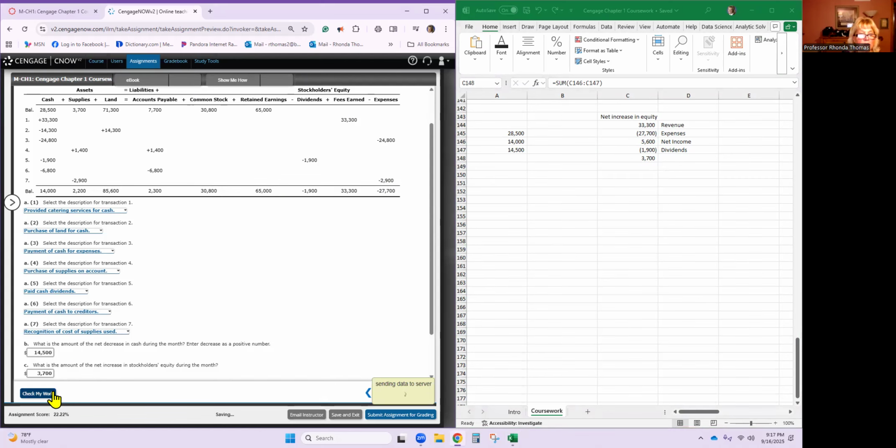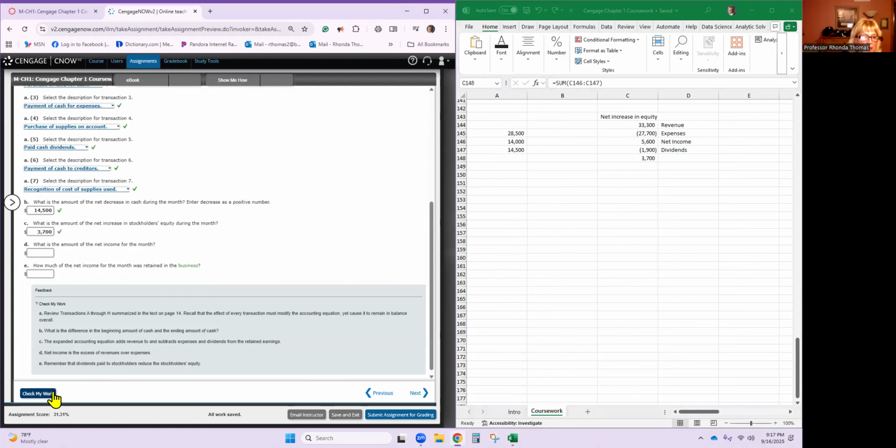So I believe 3,700 is correct. Let's check our work and see where we're at. Okay, looks like it's okay. What is the amount of the net income for the month? Well, we've already found it. It's $5,600, so we needed that amount to answer that. How much of the net income for the month was retained in the business? So 3,700, this is retained.